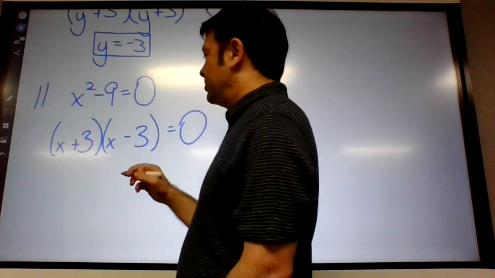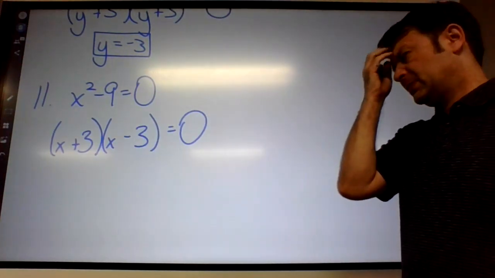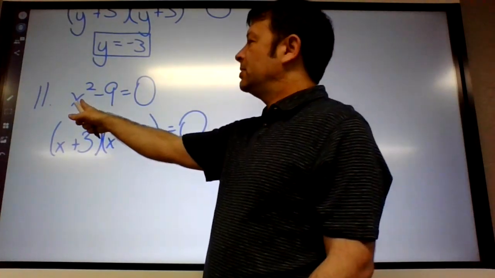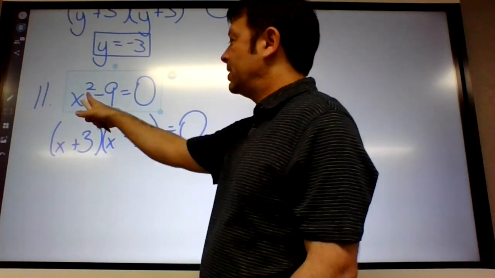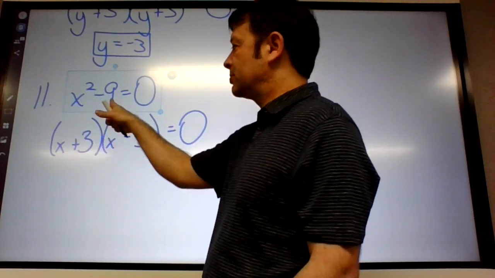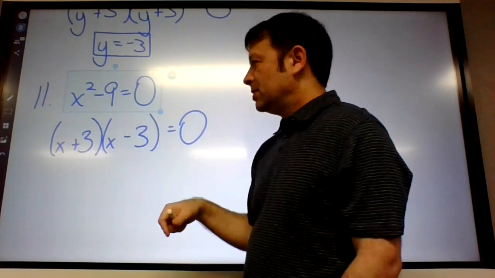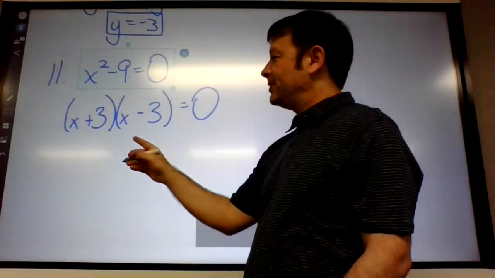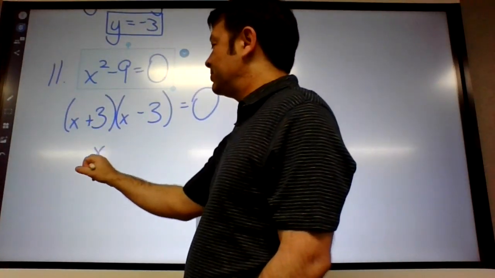Okay, that only works if these both have to have square roots, and they do. It's a square minus a square. The square root of this is x, the square root of this is 3. Okay, what x values make these factors equal 0?